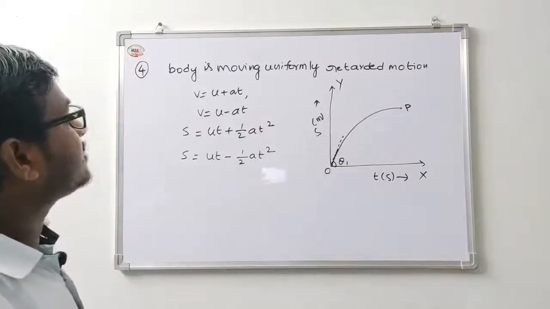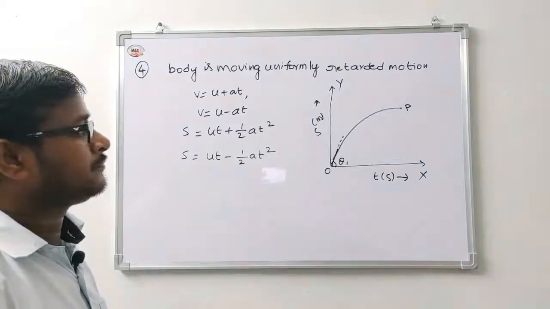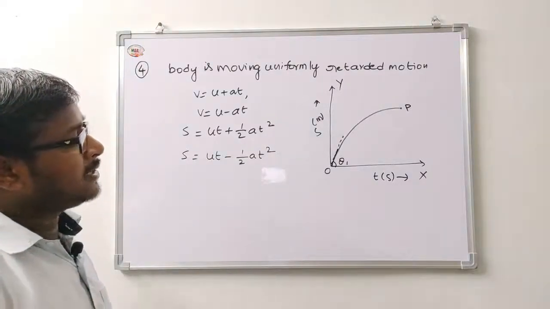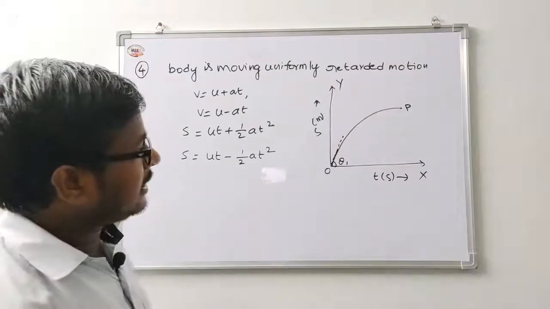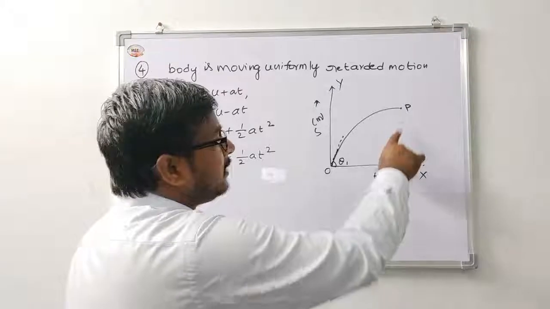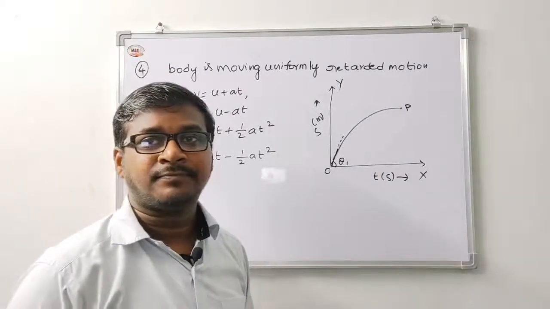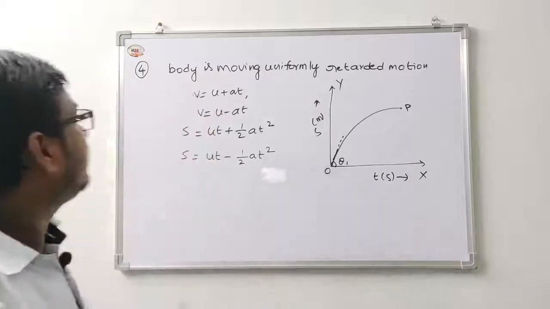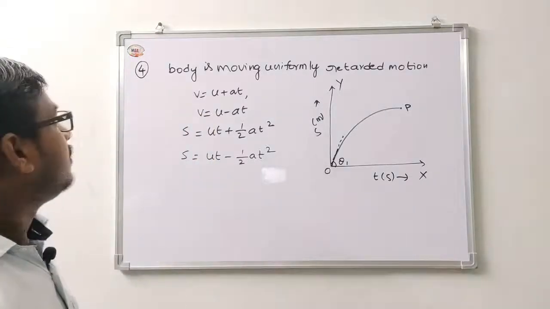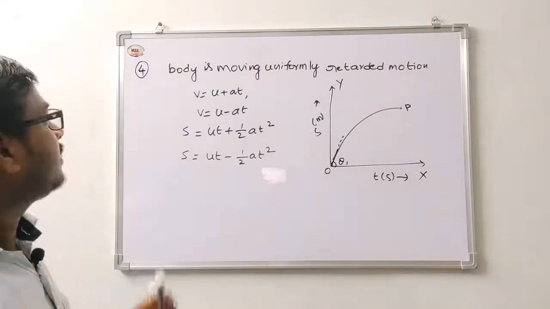This is a body moving in uniformly retarded motion. In this one, the velocity is decreasing at the final point. The speed increases. This is the fourth type of position time graph. The next one, the fifth one.